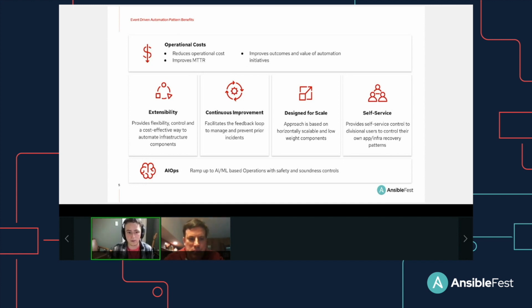The second use case besides self-healing infrastructure that we're going to talk about today is AI ops, and AI ops is really an extension on that self-healing use case.